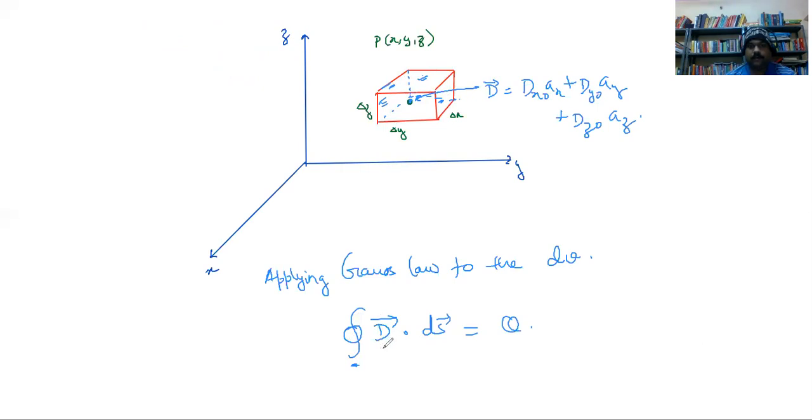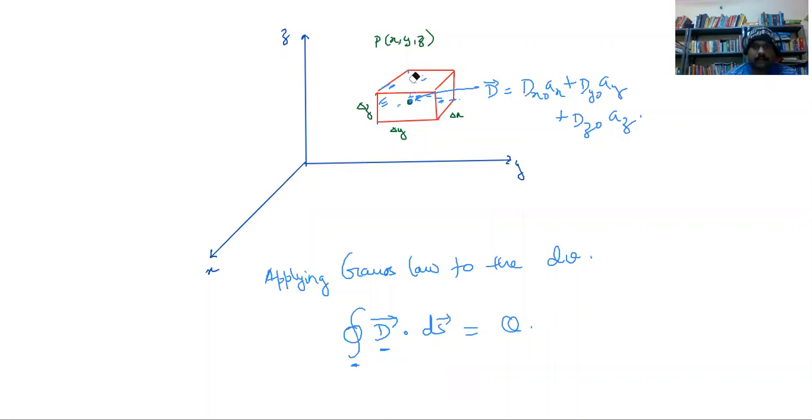So if you take the integral on the flux density D, which is coming out of this cube from the point P, at the middle of the parallelepiped or the differential volume element, then D dot dS equals the total charge Q enclosed by this differential volume element. Okay, so always remember that the point is always at the middle.